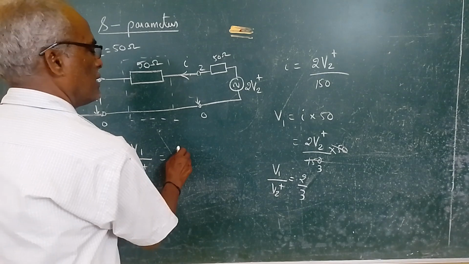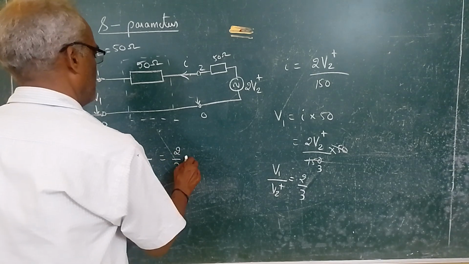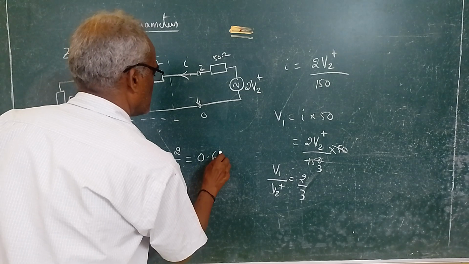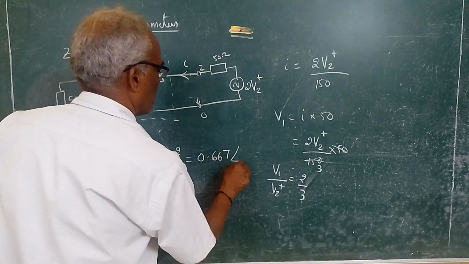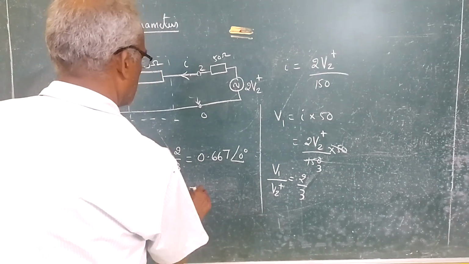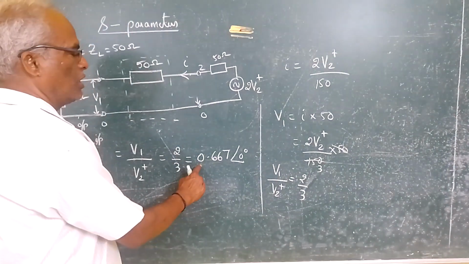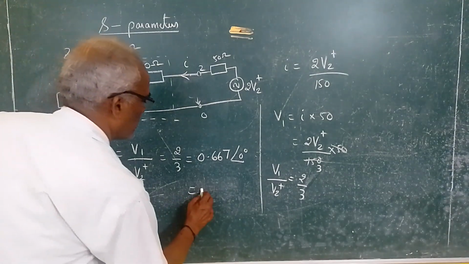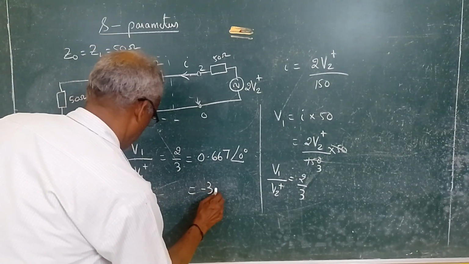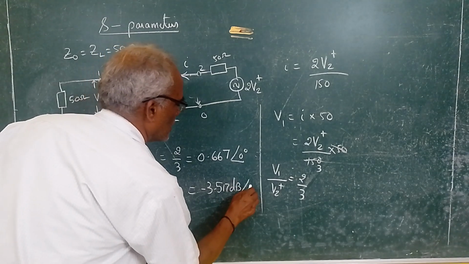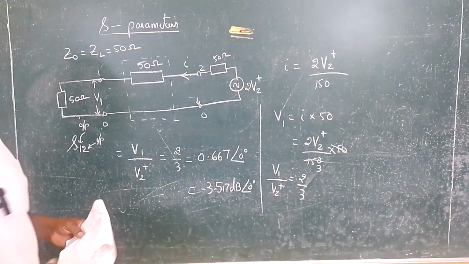So I can write it as 2 by 3, which is equal to 0.667 angle 0 degree, or if you want in decibels, you take 20 log 0.667, that will give you the same answer, minus 3.517 dB angle 0. Okay.